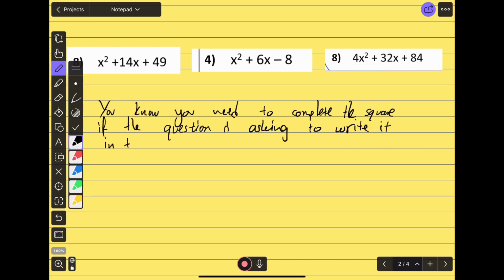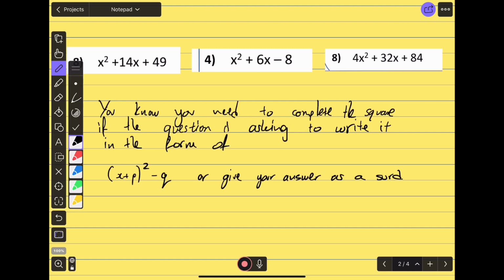Also, you know that you need to complete it if the question is asking you to give your answer in surd form. Obviously, you can use the quadratic formula to also write it in surd form, but when rearranging in order to solve your equations, you do get it as plus minus a square root and take away or add a certain number.